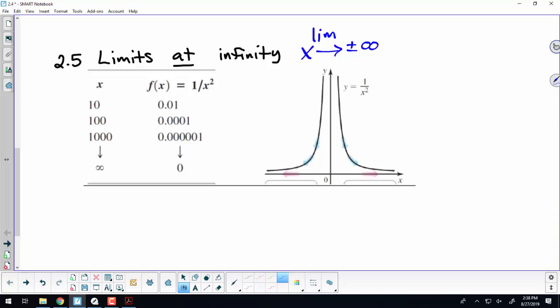So here's an example, numerically and graphically. The function 1 over x squared, instead of x approaching 0, now x is getting larger and larger in the positive direction. The y values are getting smaller and smaller. So here, as x approaches infinity, the y values are getting closer and closer to 0.